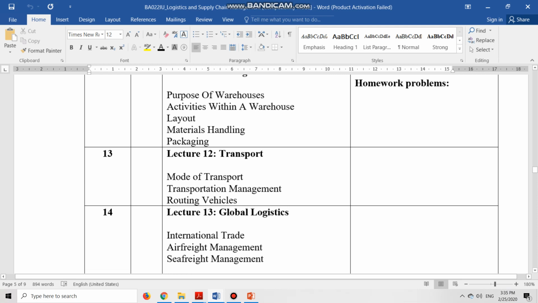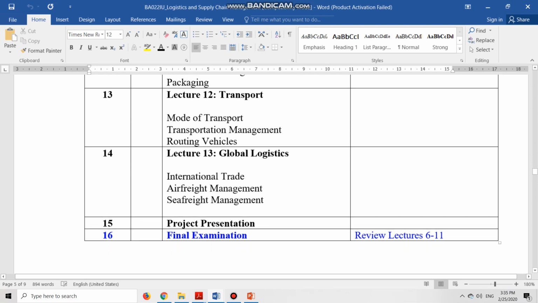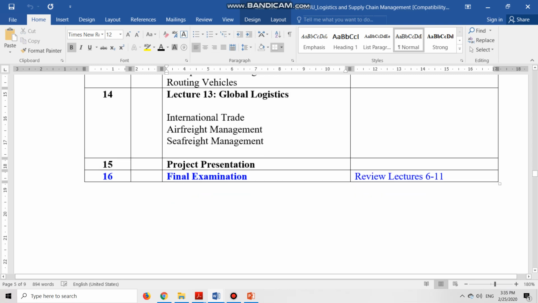In week 13, we will learn about transportation, how many types of transportation we can use and how you can manage the transportation. And finally is global logistics. In the week before the final exam, you will have project presentations. And in the last week is the final exam.